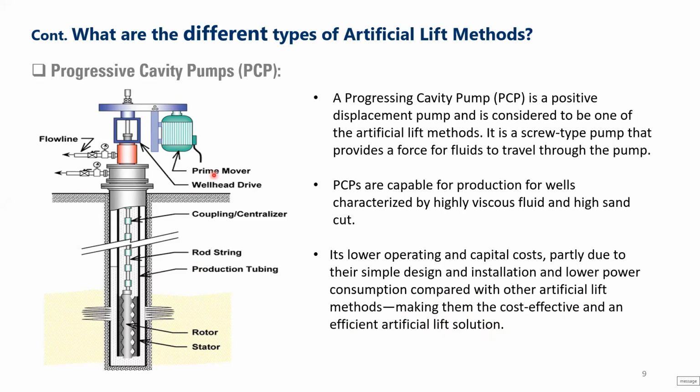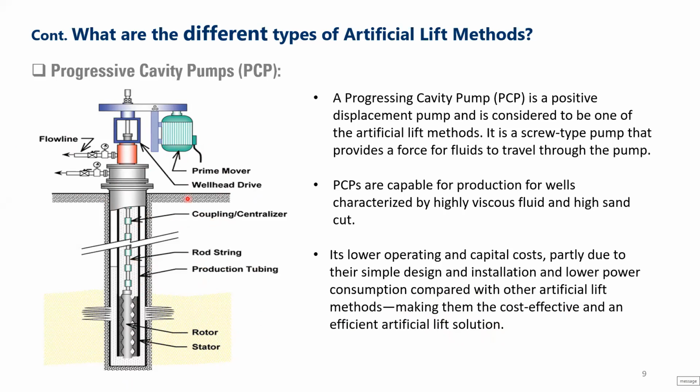Here is a simple sketch of how the PCP is. Starting from the downhole, we have a stator and a rotor, and then the production tubing, and then we have the rod itself, and then a coupling or centralizer that keeps the rod centralized.